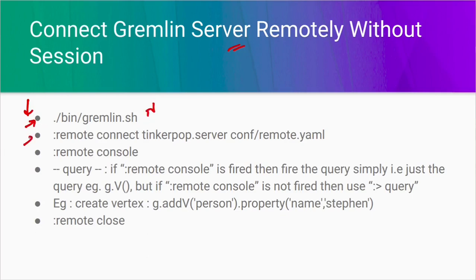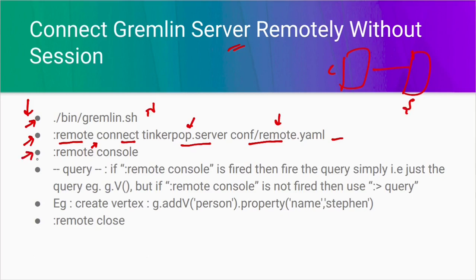The second command that we need to fire on the Gremlin console is :remote connect tinkerpop.server, and the configuration file that we need to use, that is remote.yml. So remote connect here is telling the Gremlin console to connect to a TinkerPop server, that is Gremlin server, using this particular remote.yml file. Till this step, Gremlin console has established the connection to the Gremlin server.